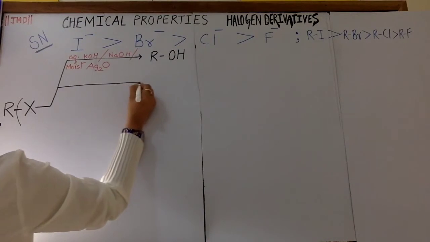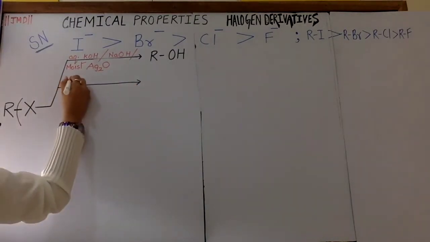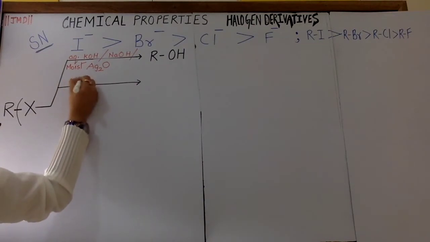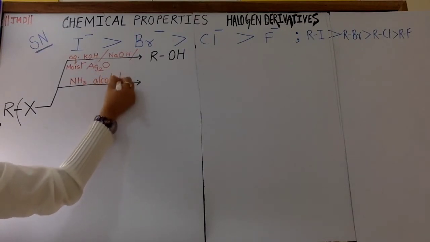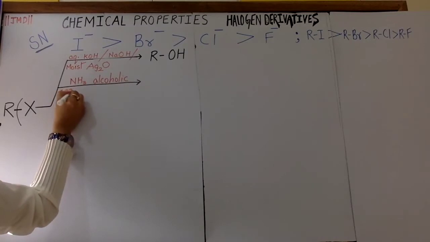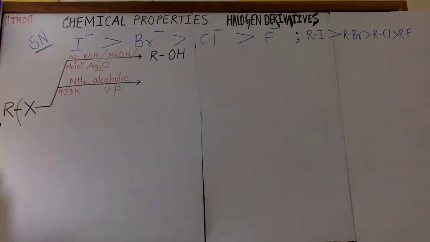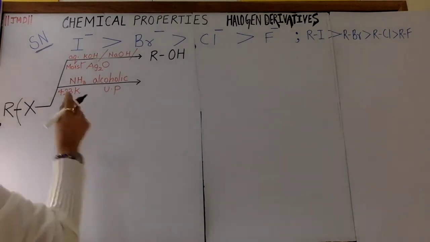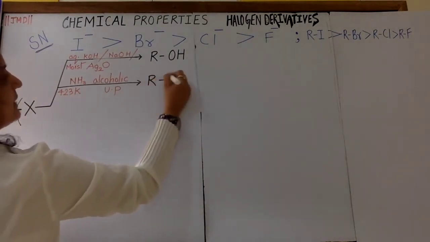I can take alkyl halide treated with ammonia, which is alcoholic in nature, at around 423 Kelvin under pressure. As a result, the halide ion is replaced by an amino group.